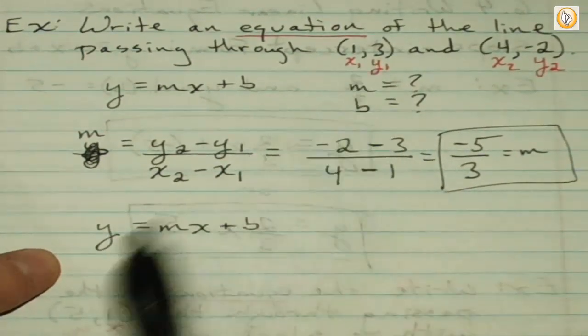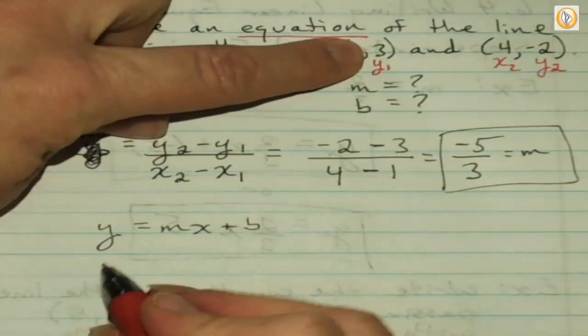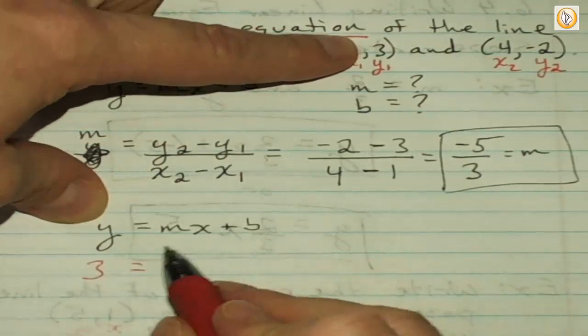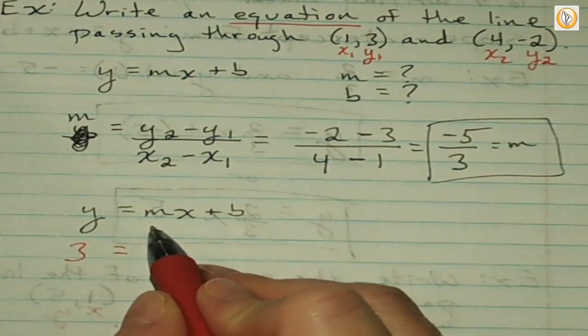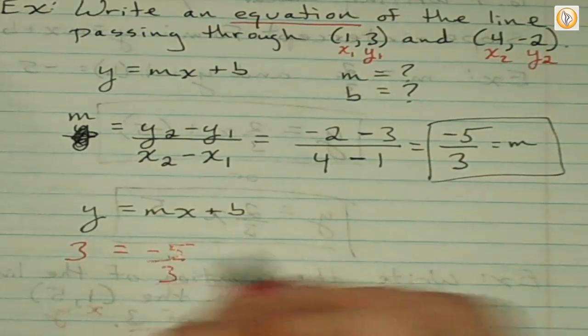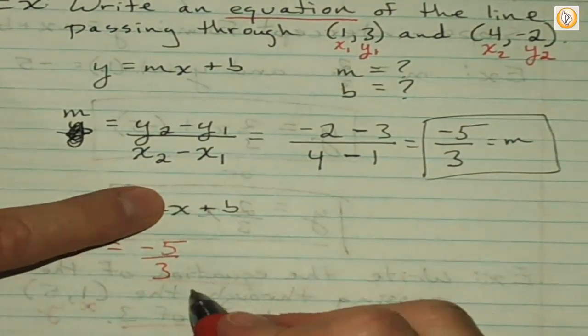So we're going to plug in that information here. So y, right here, is 3. Y'all see that? What is my m, Valeria? What's my slope? That's right, very good. -5 over 3. See, that's where she got her slope. What's my x, Valeria?